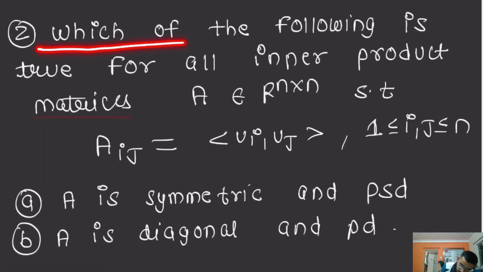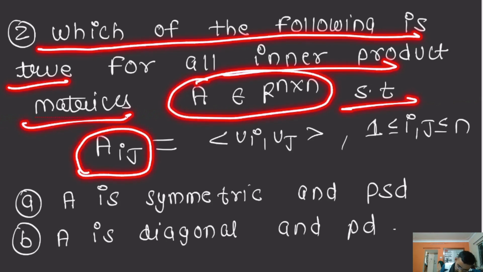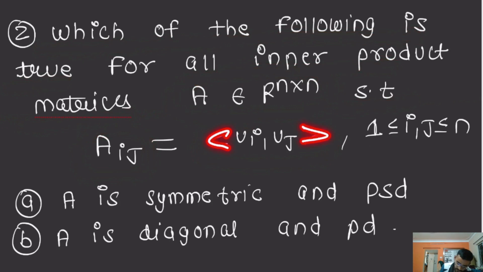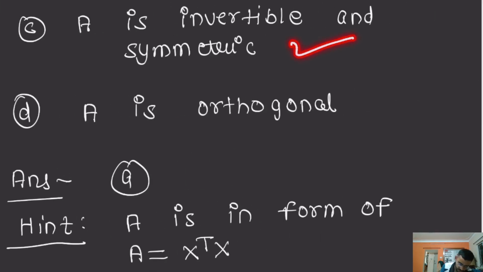The second one is: which of the following is true for all inner product matrices A, which is a real matrix such that Aij is equal to the inner product of ui and uj? We need to find whether A is symmetric and PSD, A is diagonal and positive definite, A is invertible and symmetric, or A is orthogonal.